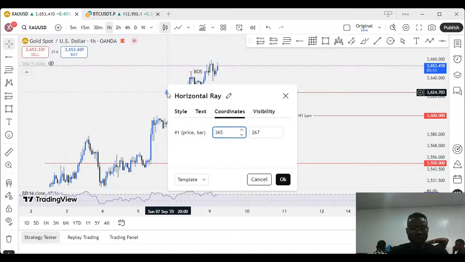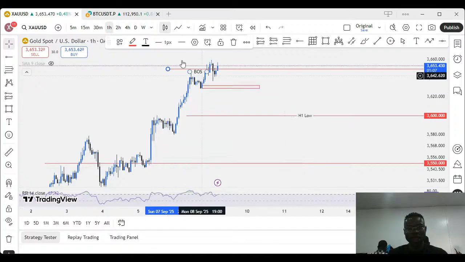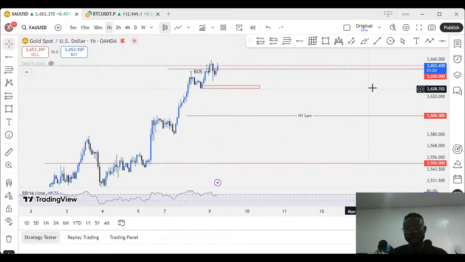That's where the market is actually reacting from. So if 3,650 sends the price down, it will definitely come back to retest 3,006. This will be my first target in the market.